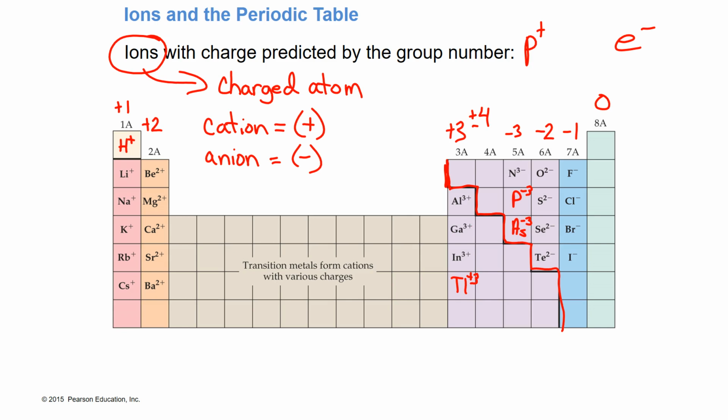Add 3 electrons. So a nitrogen ion is going to have 3 more electrons than it has protons. So nitrogen has 7 protons. That means it'll have 10 electrons in the ion of it. So I'm going to continue that conversation on this slide.